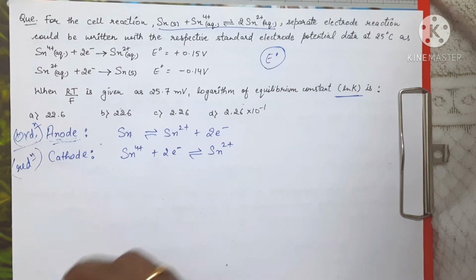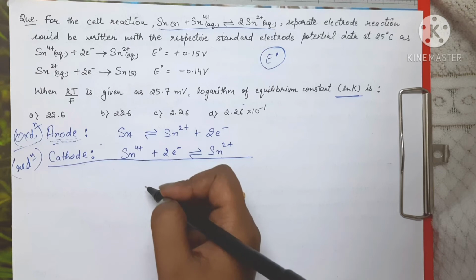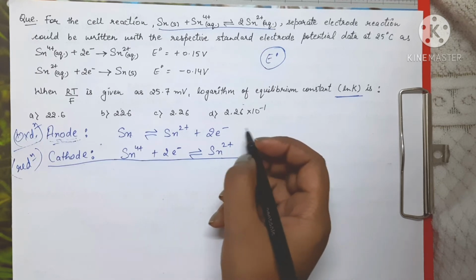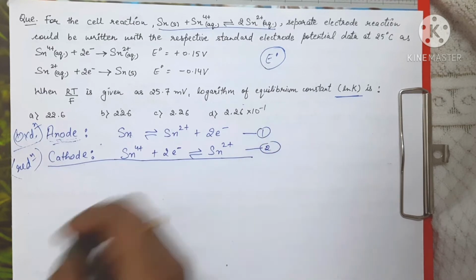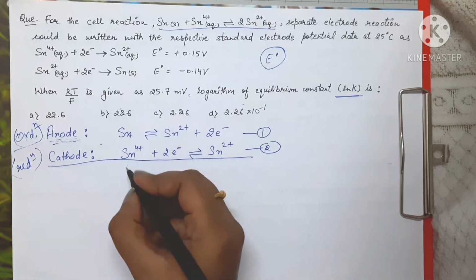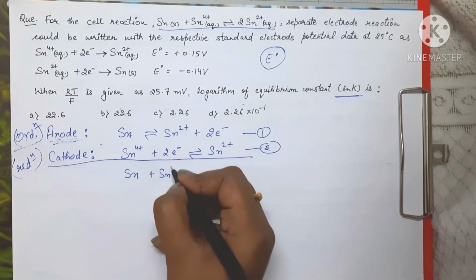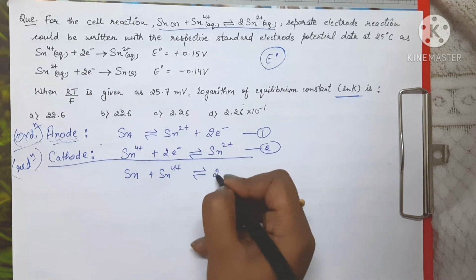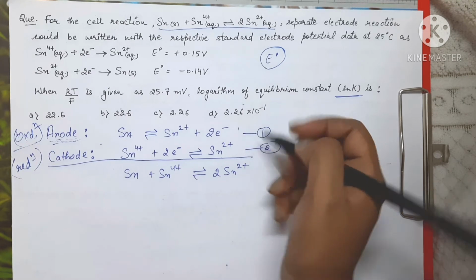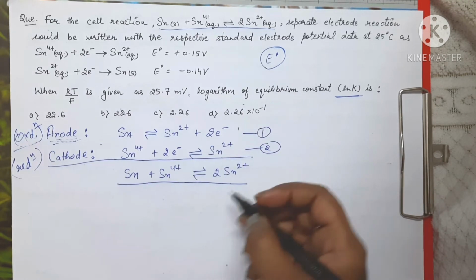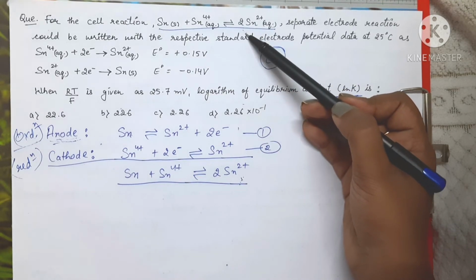Now if I see this first reaction and this second reaction, then what I can write is Sn plus Sn4 positive giving 2 Sn2 positive. I have just added the first and second equations and I have got this equation. This equation is similar to the given equation, right?